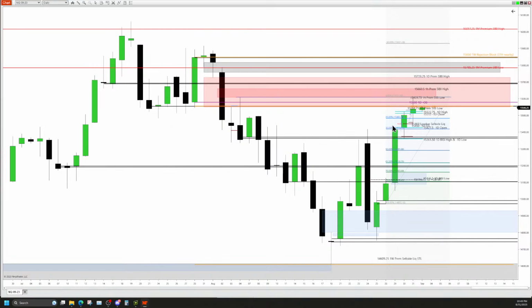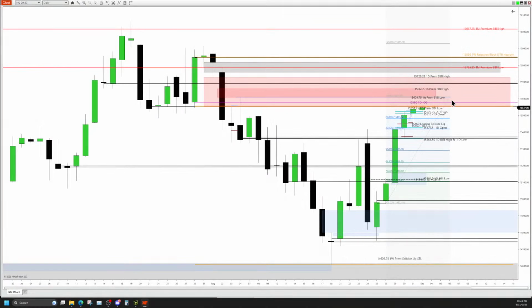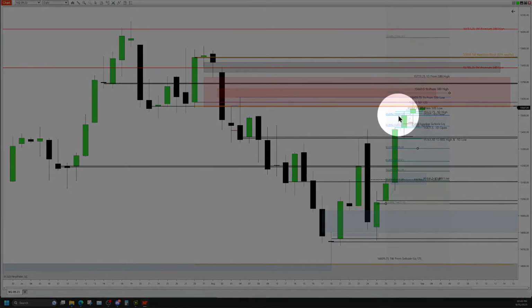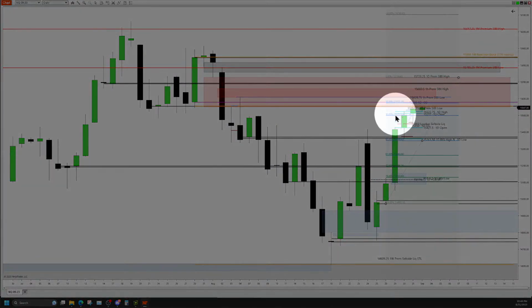15,483.70. This is kind of like 20% of the way. It's possible that it rides up to the consequent encroachment of this one, which would be 15,502, and it's possible it just takes that out, 15,451, or if it for some reason fills the entire SIBI here and rejects it, it'll come back down to the 15,575.